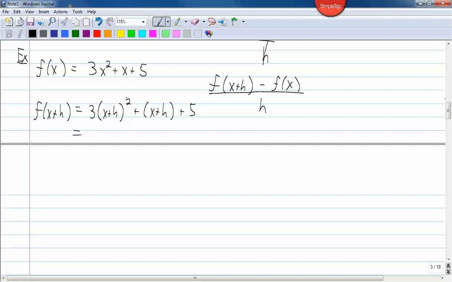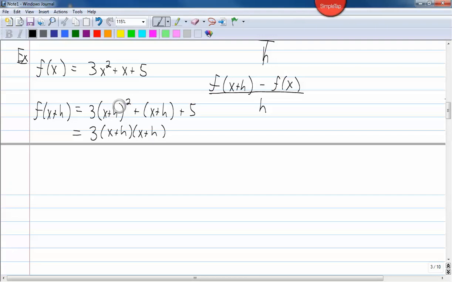Now, we have to follow our order of operations. We cannot multiply this 3 on the outside times everything on the inside because of this power. We have to do the power first, exponents. Alright? And so, what does that actually mean? That means x plus h times x plus h.